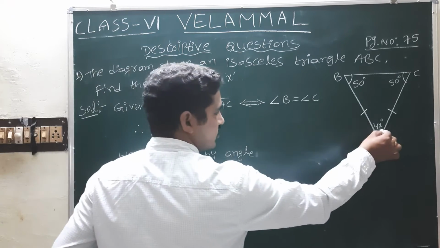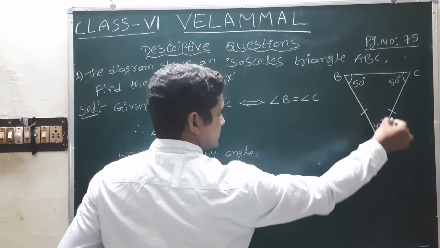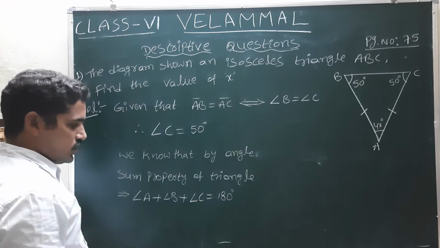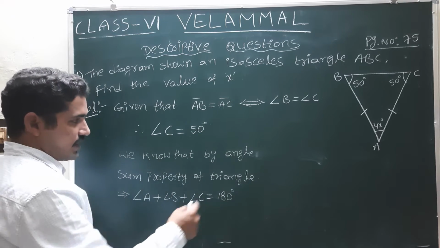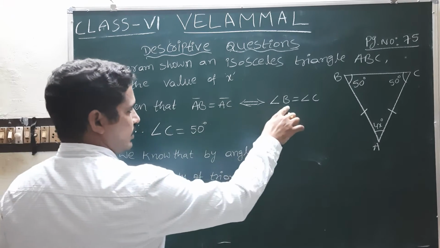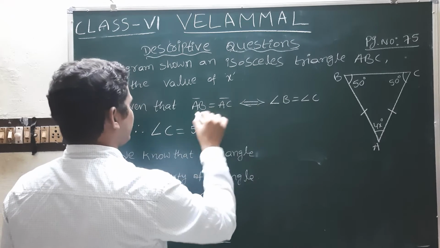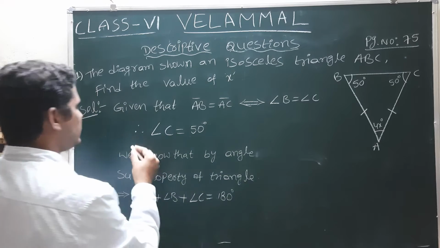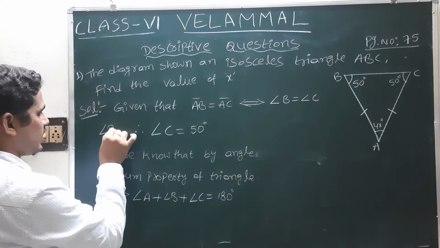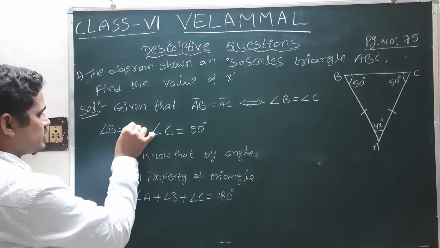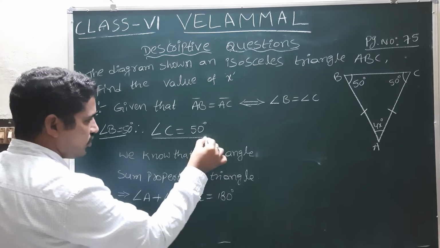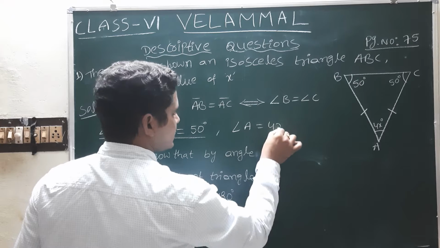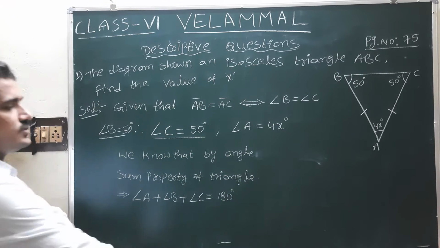Here x value is in degrees, so we have written the relationship in degrees. Now we know angle A, angle B, angle C values. Angle B is equal to 50. It is also given that AB equals AC, so angle B is equal to angle C, which is 50 degrees. Angle A is given as 4x degrees.